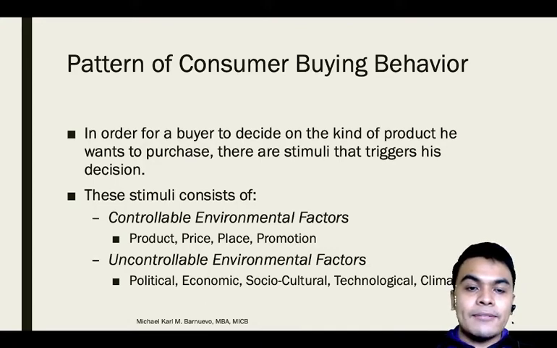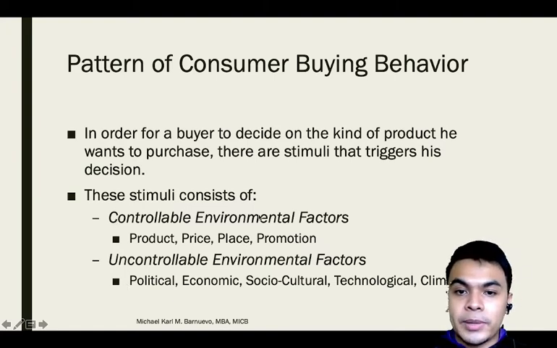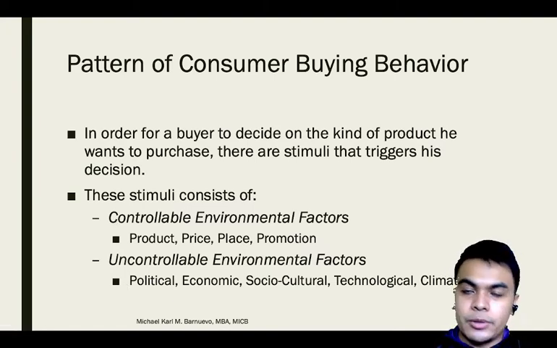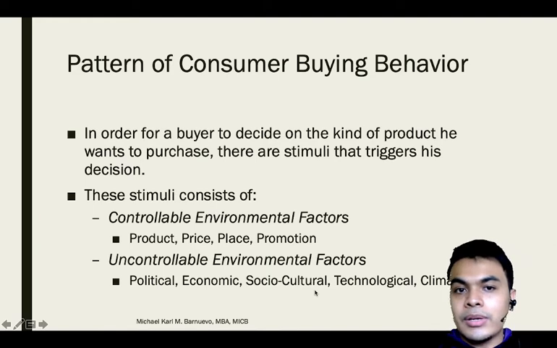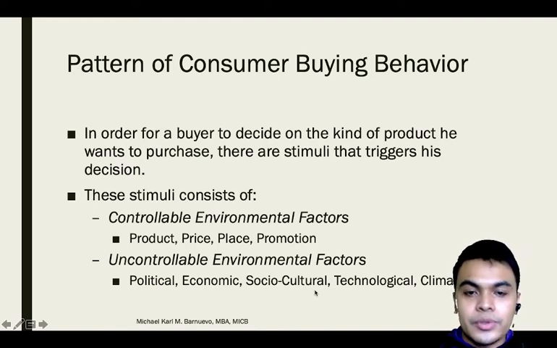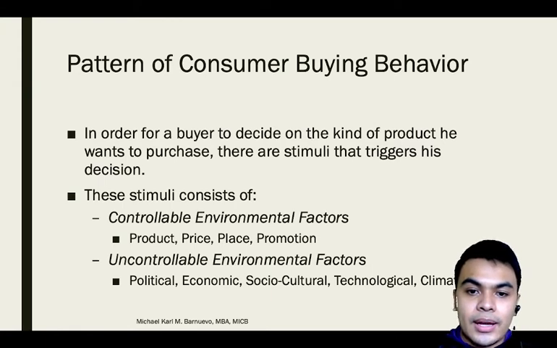We have two stimuli. When we say stimuli, these are the factors or forces that affect consumer buying behavior. We have the controllable environment, where a company or a business has a degree of control, while in the uncontrollable environment, we cannot control these factors, but we can adapt or adjust based on them.